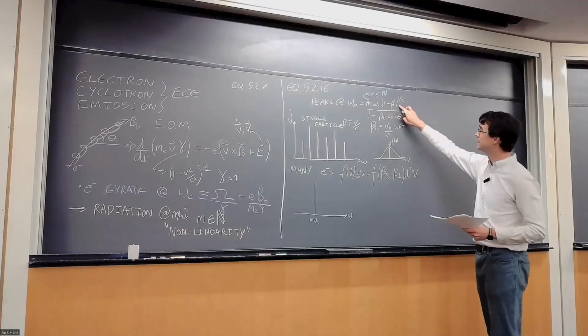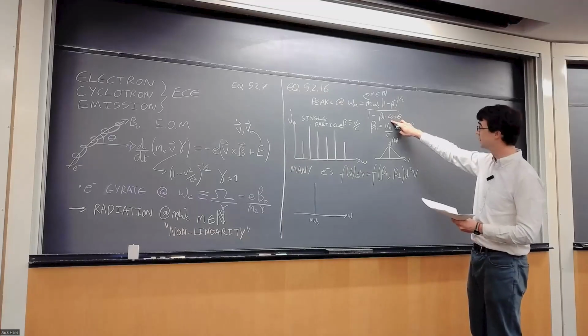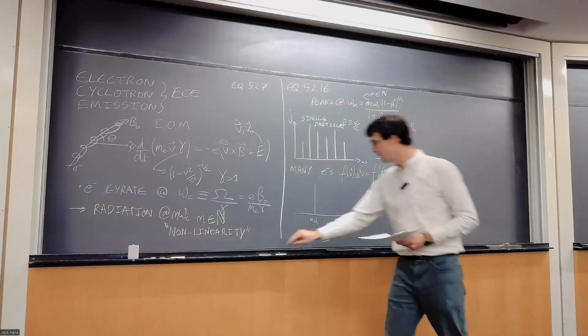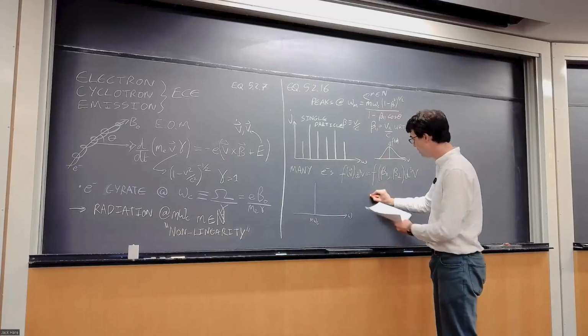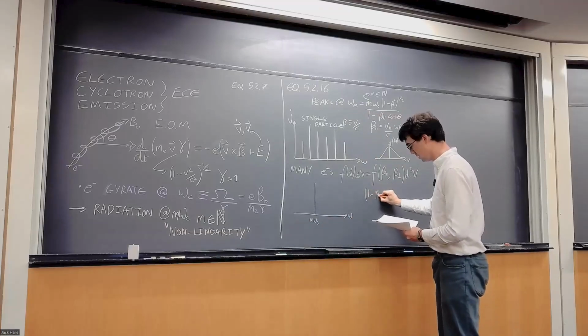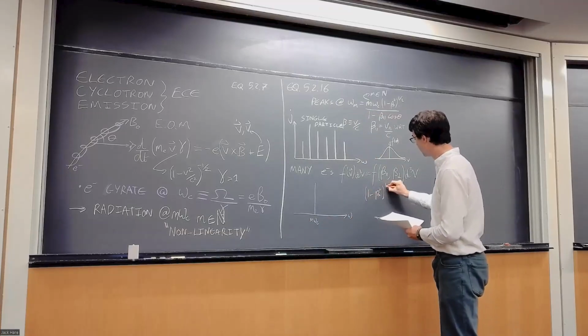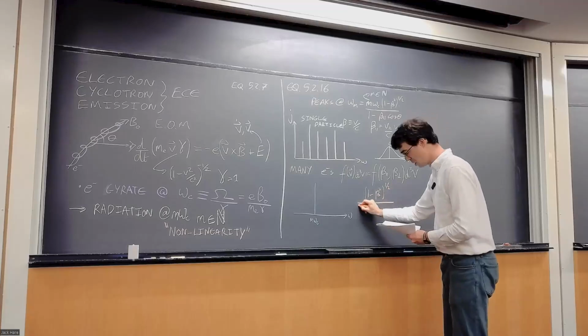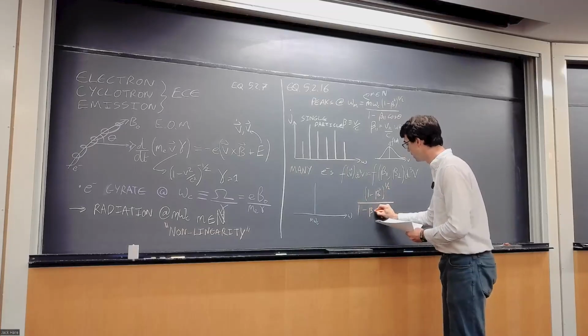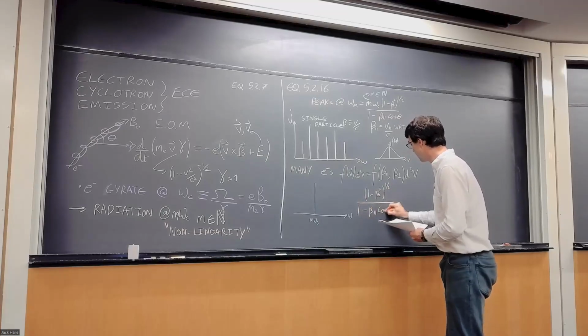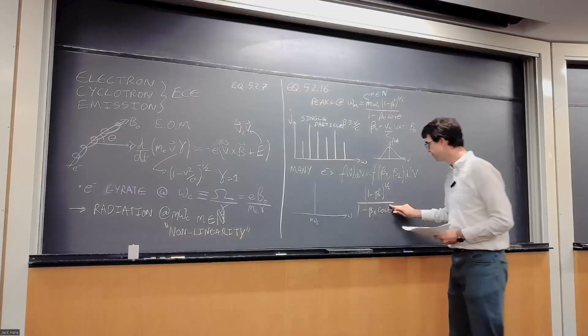And there's two of them, right? There's this top process and the bottom process here. I'll just write them out again down here. So we have a factor of (1 minus beta squared) to the half over (1 minus beta parallel cosine theta).